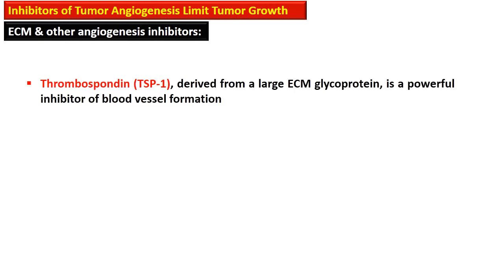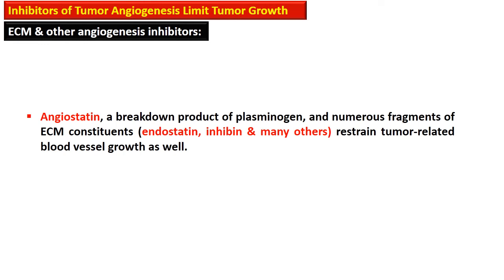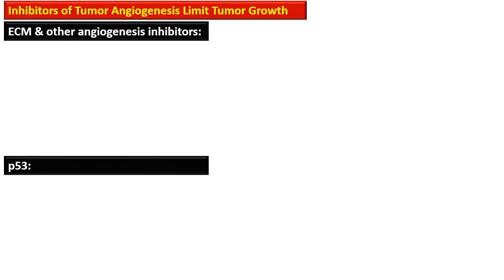One is thrombospondin 1, or TSP1, derived from a large extracellular matrix glycoprotein, and it is an inhibitor of blood vessel formation. Then angiostatin, a breakdown product of plasminogen, and there are numerous fragments of extracellular matrix constituents such as endostatin, inhibin, and many others. They restrain tumor-related blood vessel growth as well.